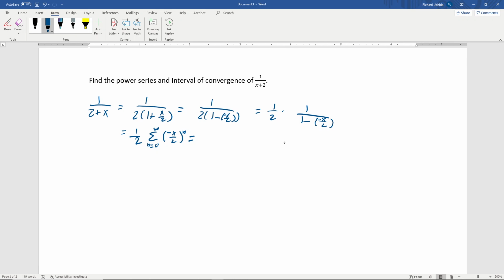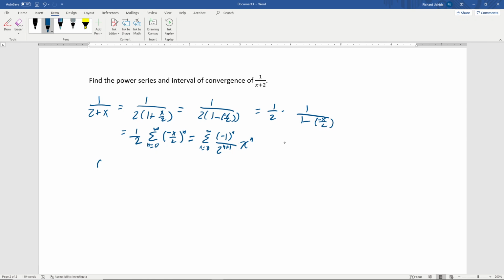And that would be the same thing, multiplying the inside by 1/2 and also factoring out the negative 1 to the n. This would be the sum from 0 to infinity of negative 1 to the n over 2 to the n plus 1 times x to the n.